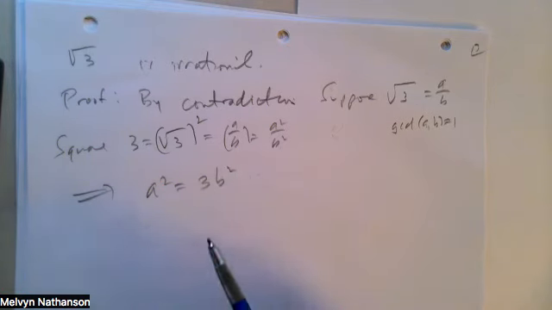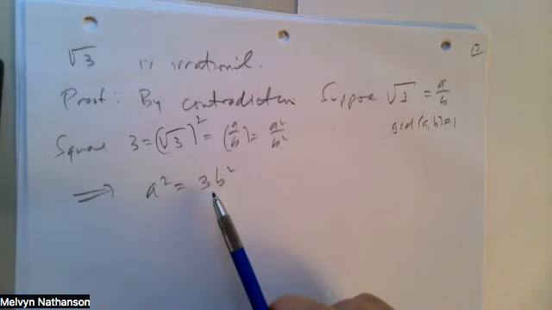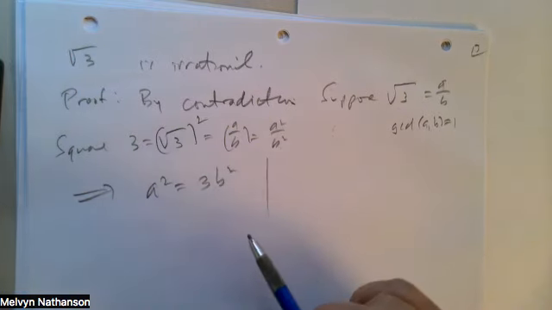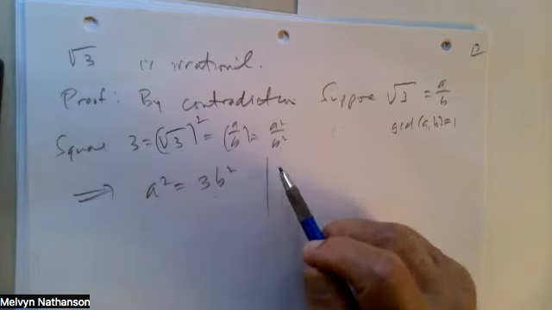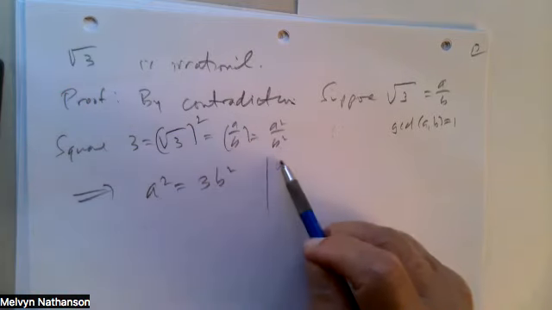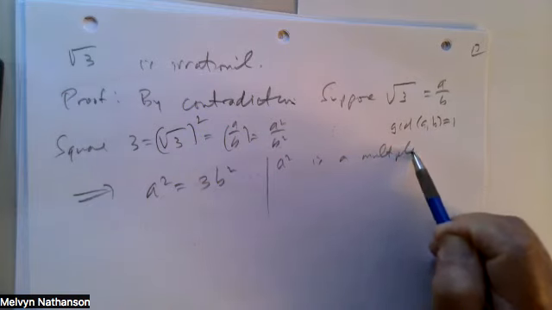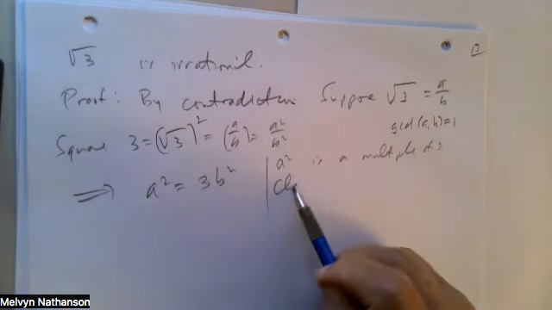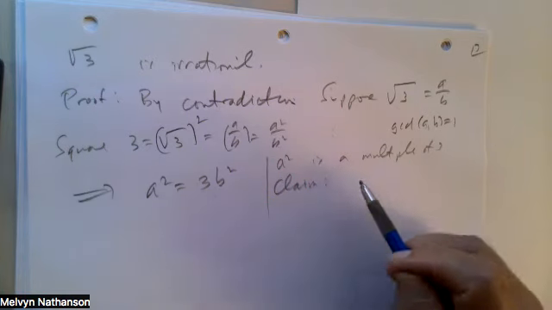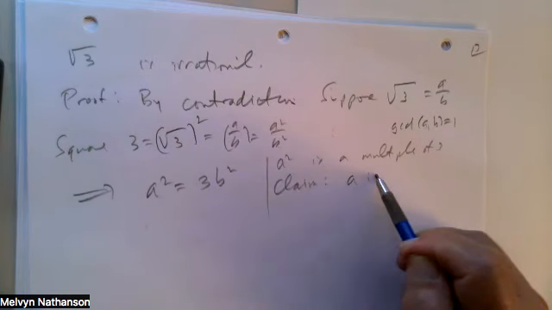So a squared is a multiple of 3. I claim this implies that a is a multiple of 3.